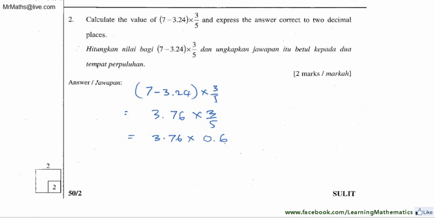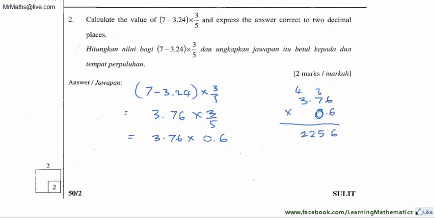Alright, so let's do this. 3.76 times 0.6. 6 times 6 is 36, carry 3. 7 times 6 is 42, 42 plus 3 is 45, so 5 and carry 4. 3 times 6 is 18, 18 plus 4 is 22.